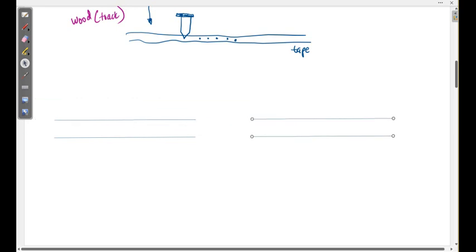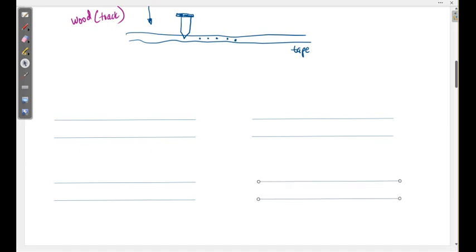Other copies, and then the last copy. So we're going to have something like this. Let's look at the dots. So this is case number 1.